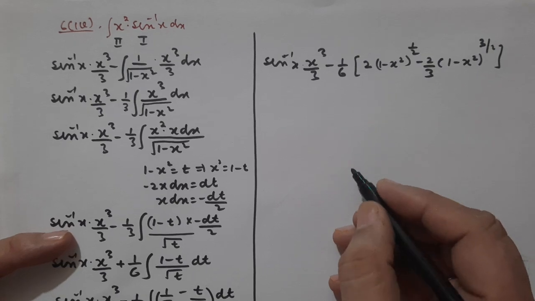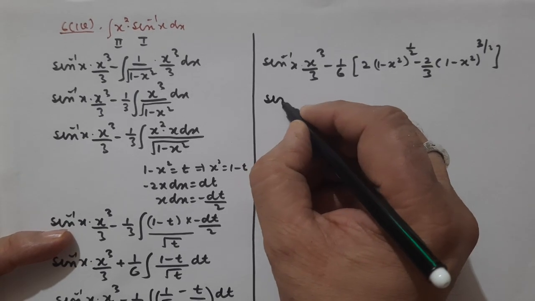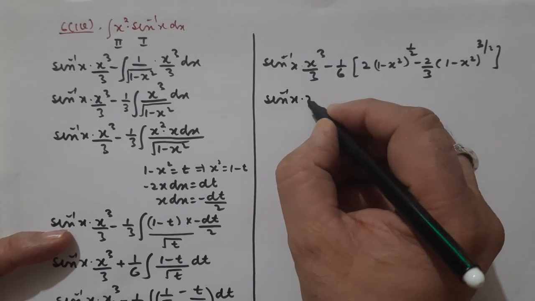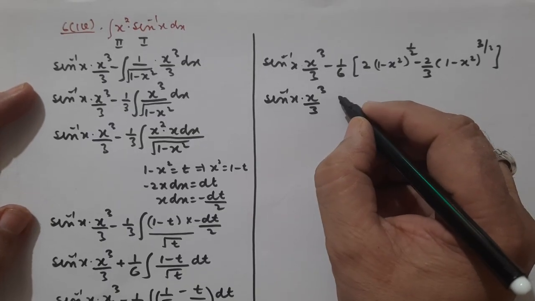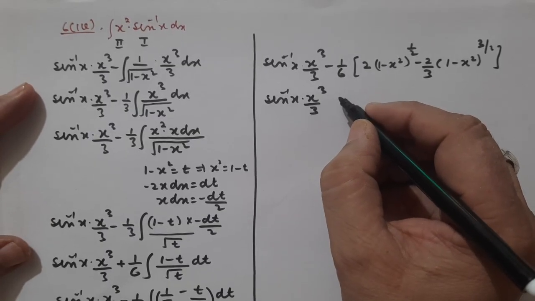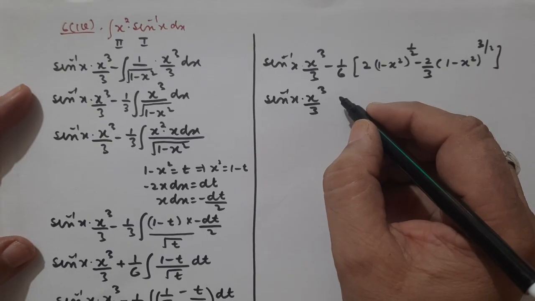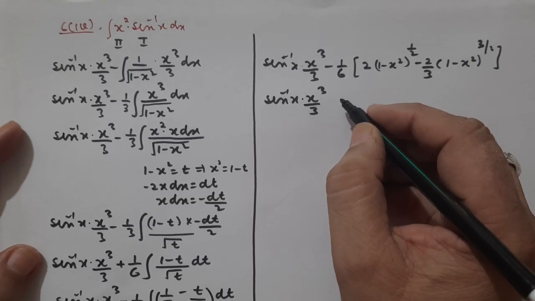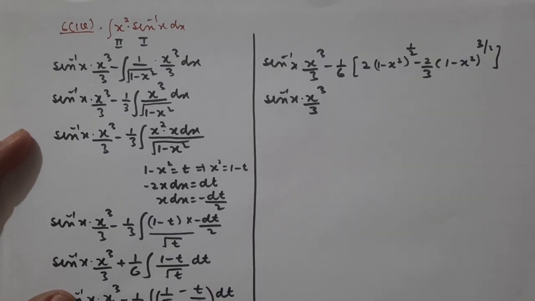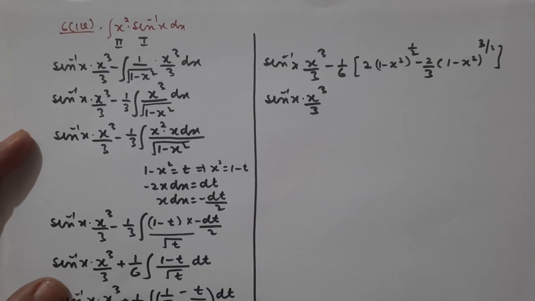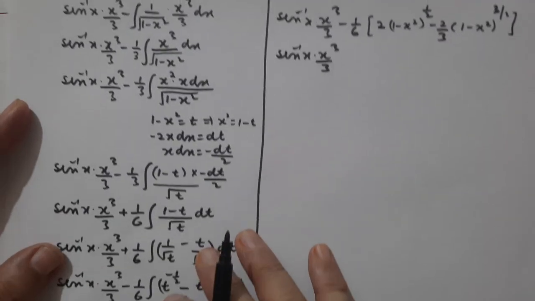Making it simple, we get sine inverse x into x cube upon 3. Students, here we have a plus sign, make it correct.